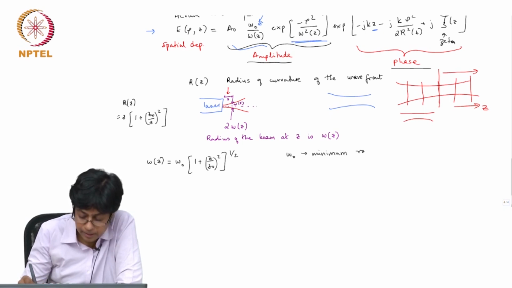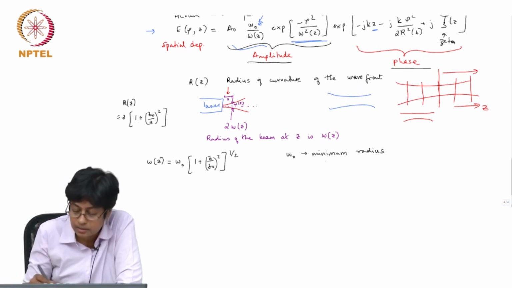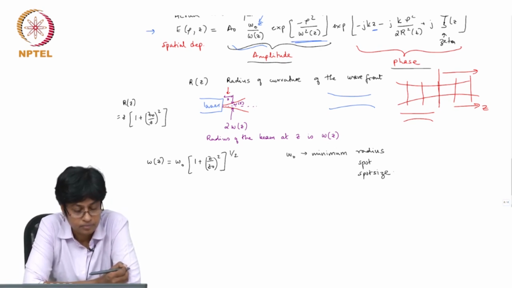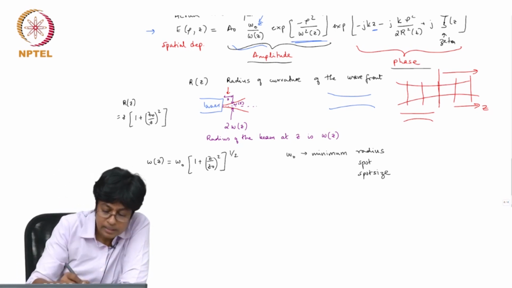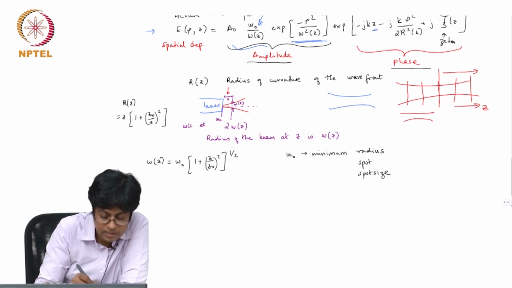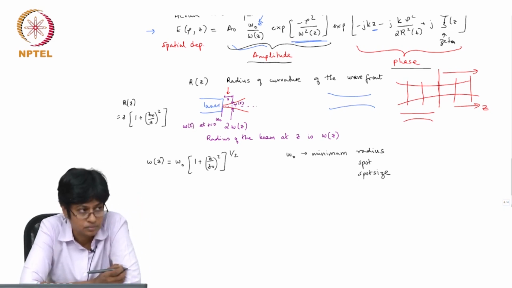So I'd say minimum radius, but typically for a Gaussian beam we don't say minimum radius, we will say minimum spot or minimum spot size. So in the example where I gave of the light emerging from a laser, the minimum spot is this value here, or in other words, it's omega of Z at Z equal to 0. Okay.